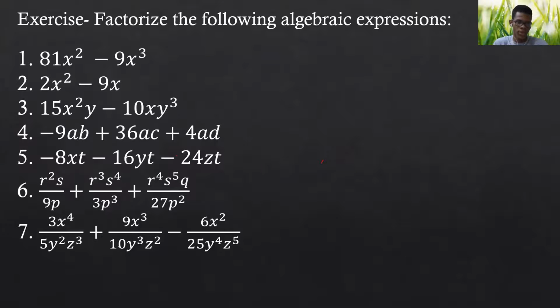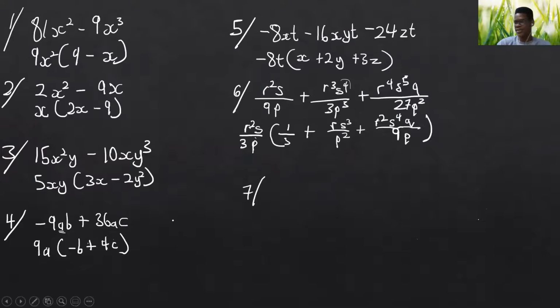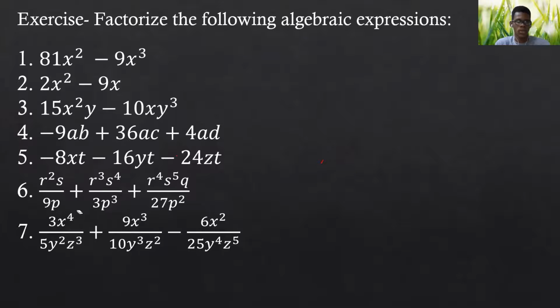Right. The last problem is question 7. Now I explained how to do this. Not going to do that again. I explained how to do number 7. Given what I just said, you guys can try this one, right?